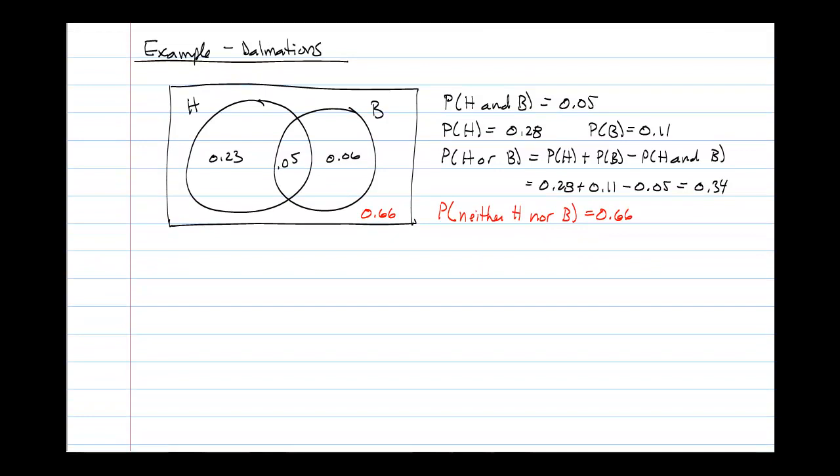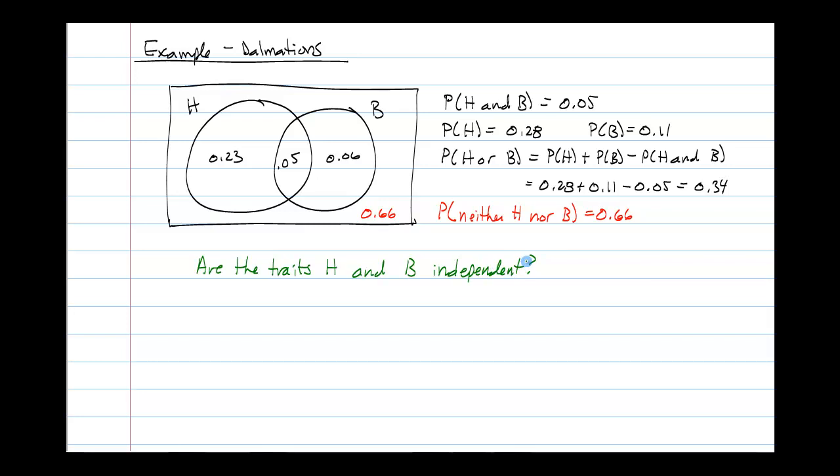Now let's take this information and let's try to extend it toward independence. So, are the traits H and B independent? So is there a relationship between whether a Dalmatian is hearing impaired or has blue eyes? That's what we're trying to figure out.